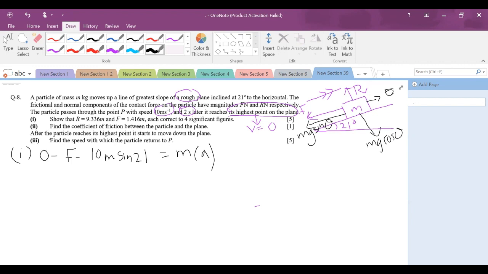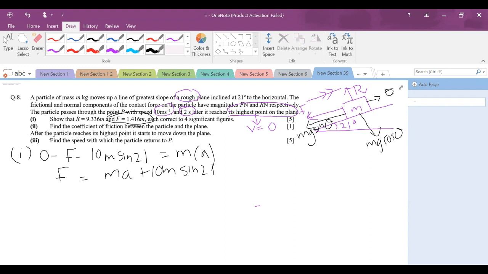No, we're not given mu. We just have to find the value of F here in terms of m. So F would be, I've moved F to the other side, it should be ma plus 10m sin 21.